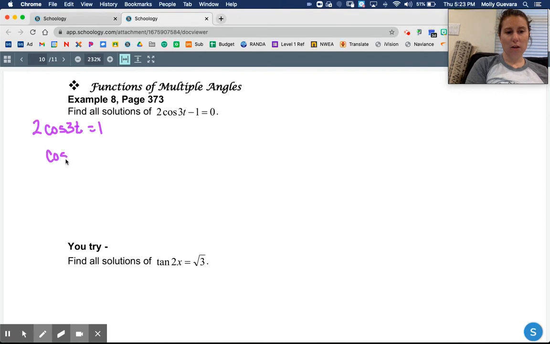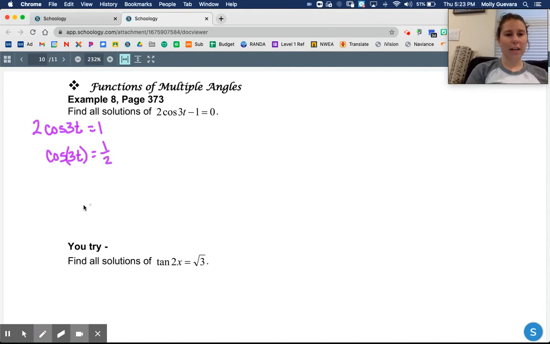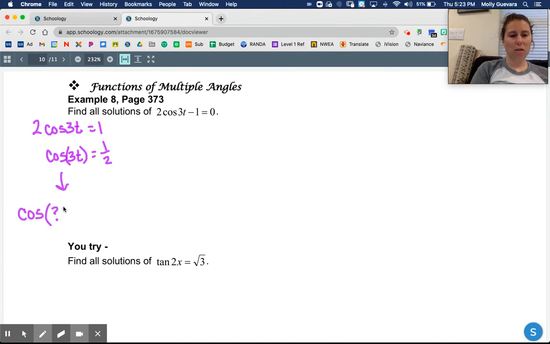So cosine of 3t, I'm going to put this in parentheses, equals 1/2. Okay, great. So what this means is, hey, cosine of some angle equals 1/2. Well, we can find that, right?